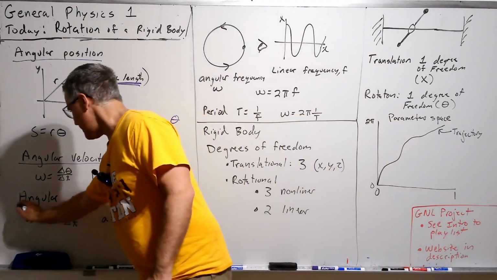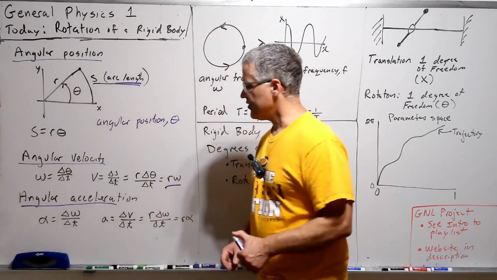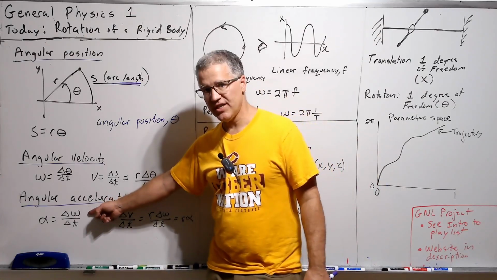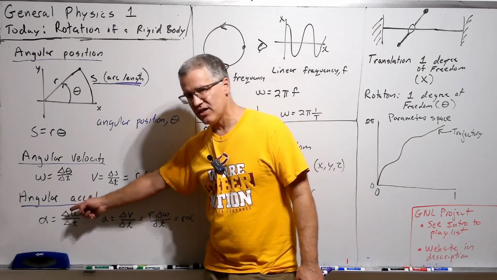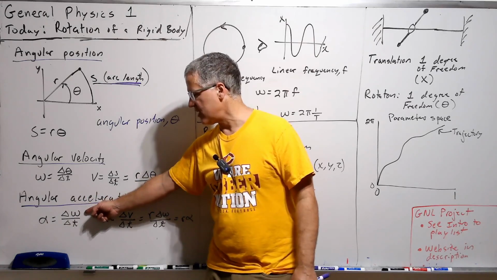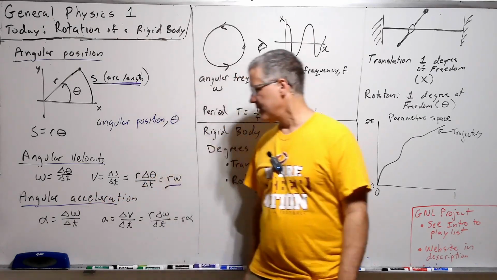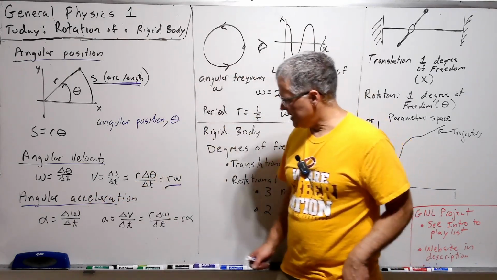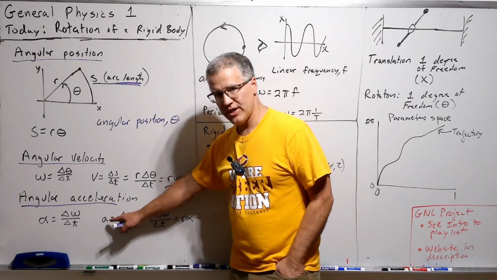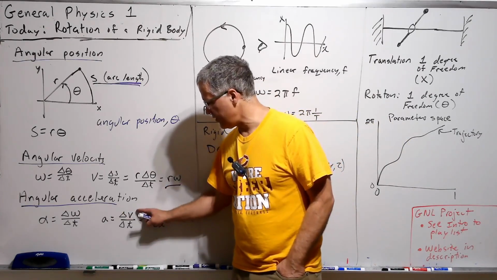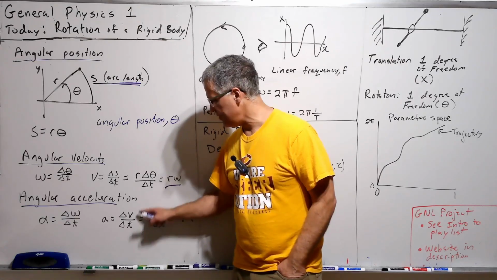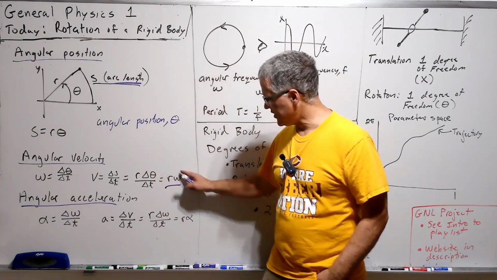Okay, well, let's just keep going. Let's do acceleration. So acceleration is going to be the change in the angular velocity. So the angular acceleration, alpha, is the change in the angular velocity with time. And so what is real acceleration? Well, that's delta v over delta t. But what is v?